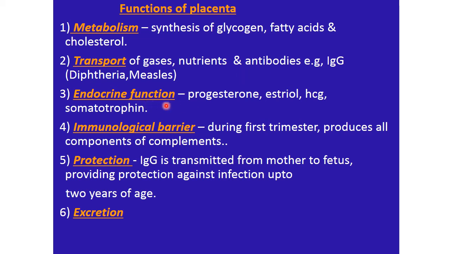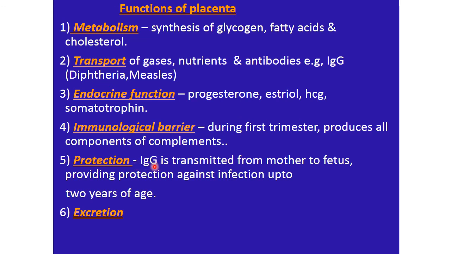Then the placenta also has an endocrine function, producing progesterone, estriol, HCG, and somatotrophin. The immunological barrier is provided by the production of components of the complement, especially during the first trimester.